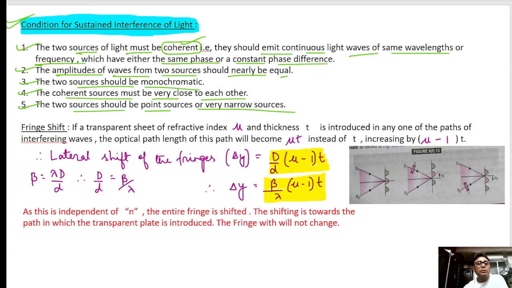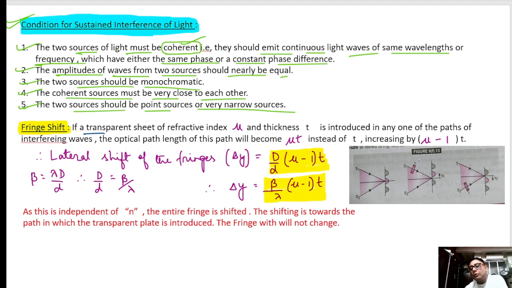Next, we will find out what is fringe shift. Fringe shift. Please watch here, these are the two monochromatic sources falling on the screen and we are getting alternate bright and dark bands.